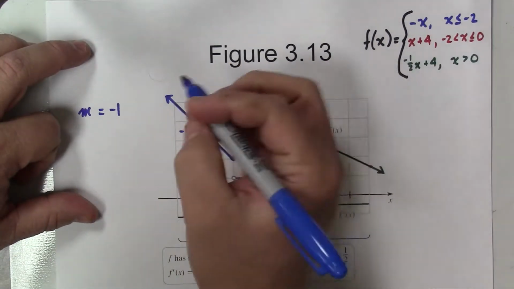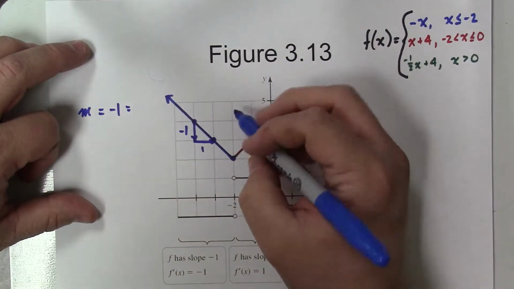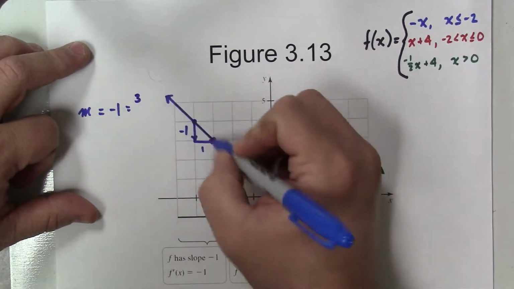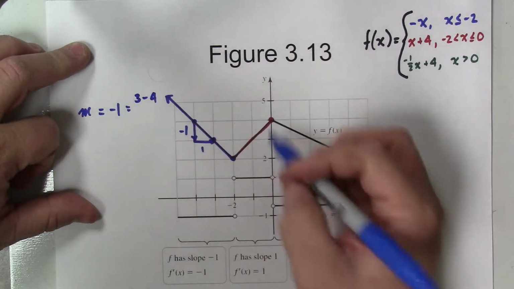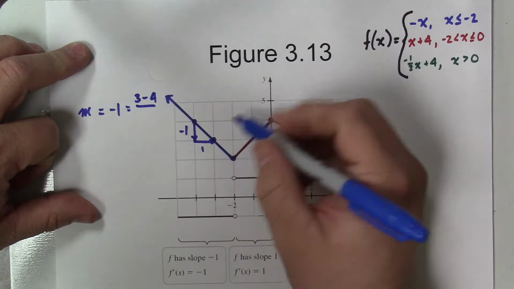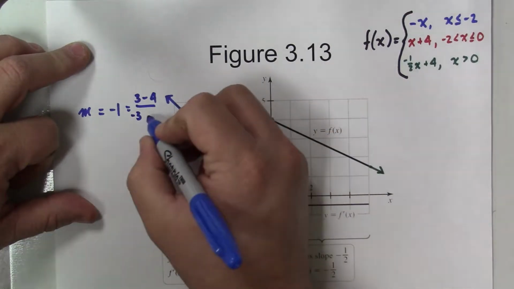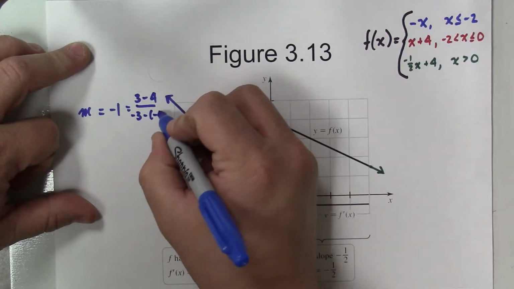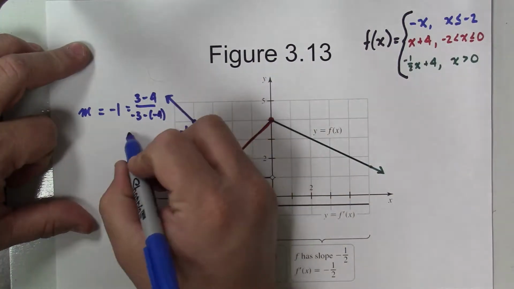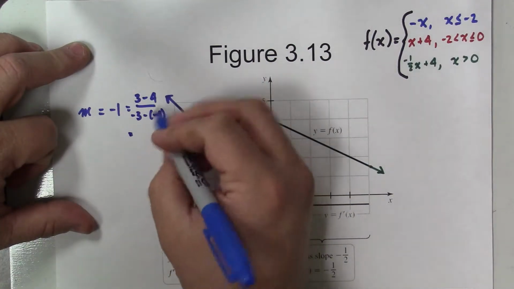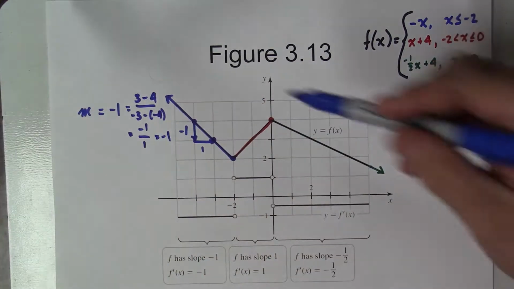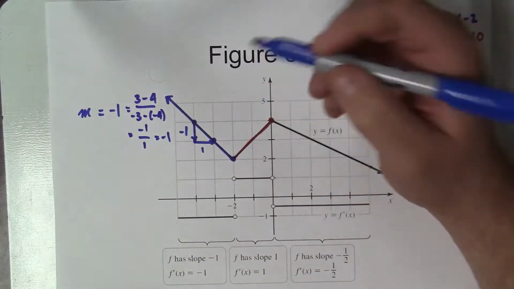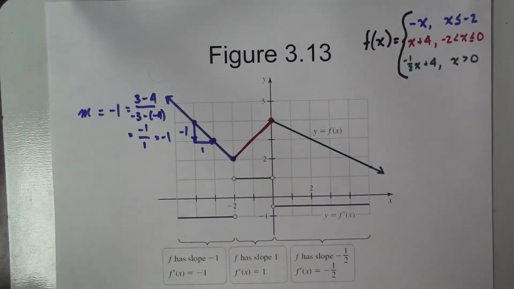I also could have said this y value is 3 and this y value is 4, and the x values are -3 and -4. So I've got -1 over 1, which is -1. We can do that the hard way, but I really like just doing this. So the slope of this blue segment is -1.